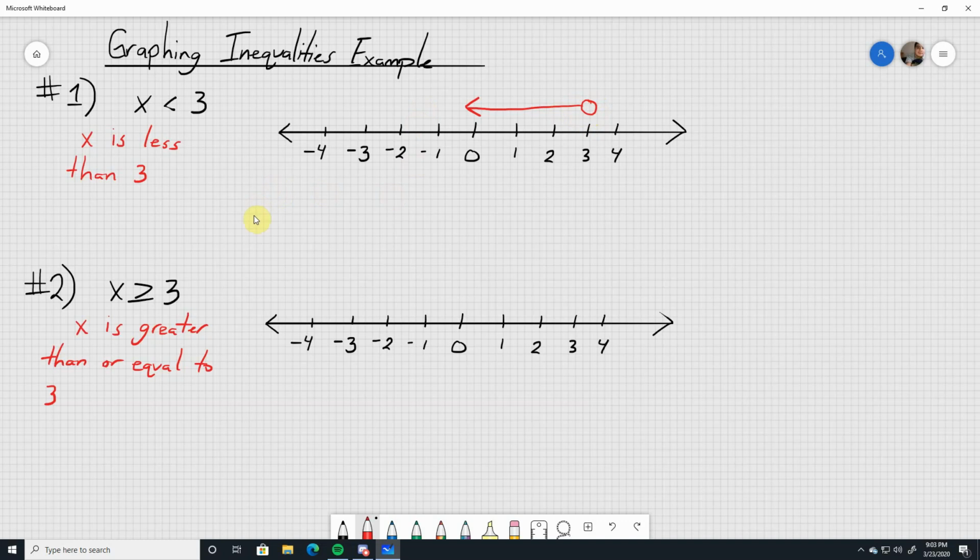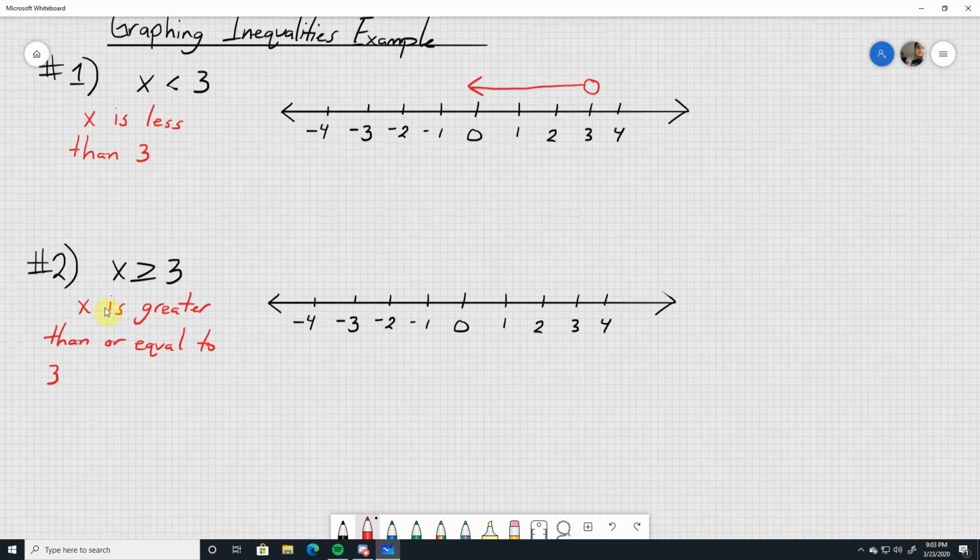Number 2 is a little bit different, but you have it right here, and the way you read this is X is greater than or equal to 3. So same situation, I have my number line. I'm going to go to 3, and when I do that, I'm going to draw a circle. Now it's saying X could be any number that's greater than or equal to 3.